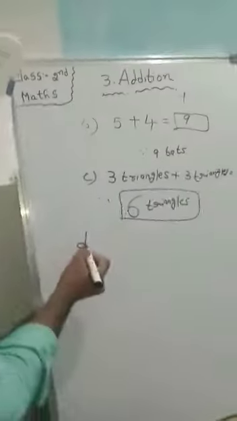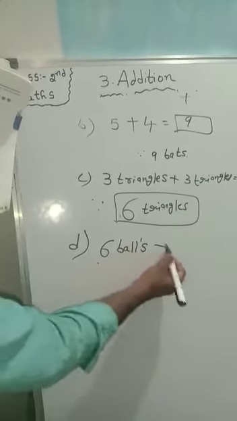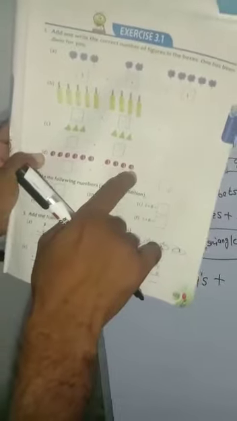Now see one more time. 1 ball, 2 balls, 3 balls, 4 balls, 5 balls, 6 balls. In the box 6 balls. Plus 1 ball, 2 balls, 3 balls, 4 balls.